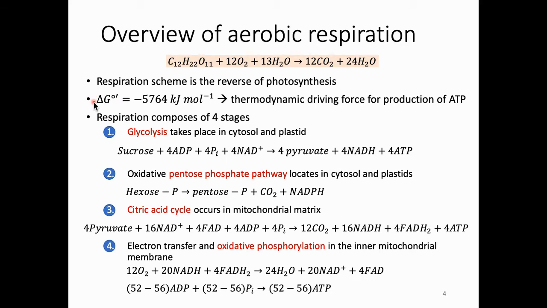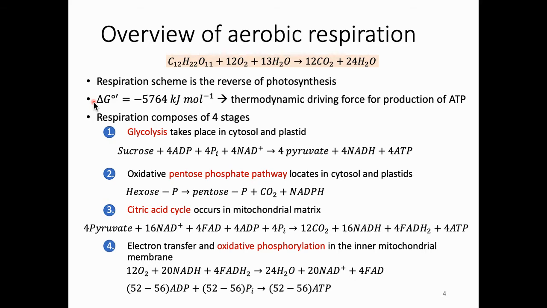This means there is a thermodynamic driving force for producing ATP that can occur spontaneously, except that there is a transition state where you need a little kick of energy to reduce the activation energy.